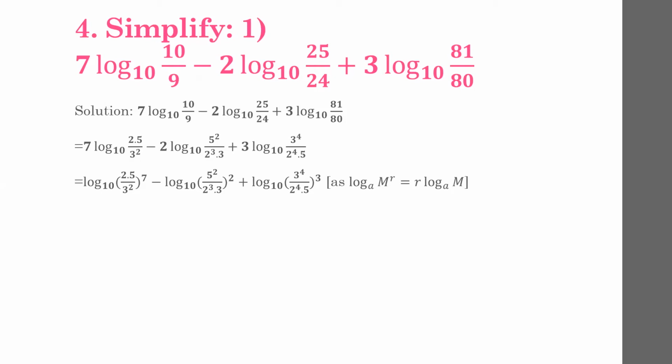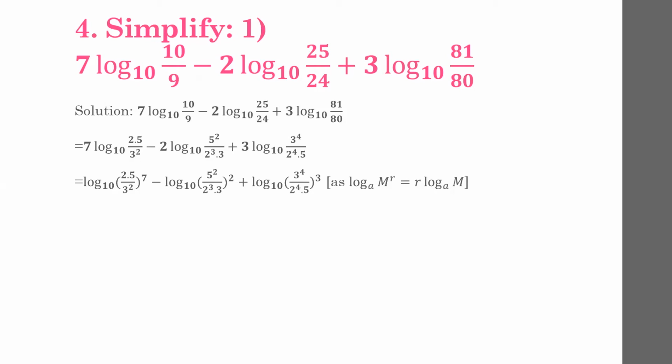The second term, 2 log₁₀ (5²/(2³×3)) has become log₁₀ (5²/(2³×3)) whole squared. And the third term, 3 log₁₀ (3⁴/(2⁴×5)) has become log₁₀ (3⁴/(2⁴×5)) whole cubed. So we got this line.